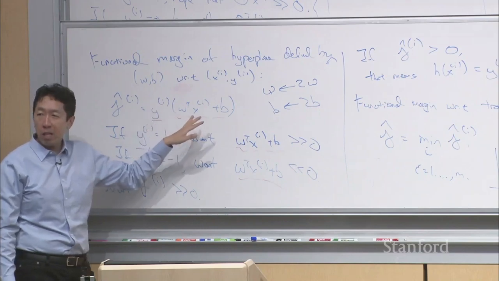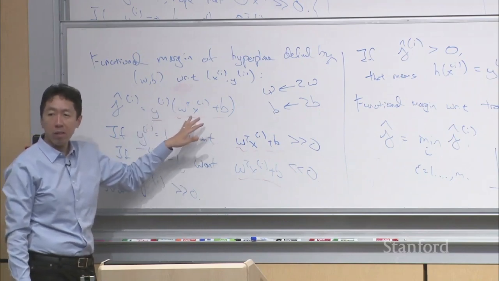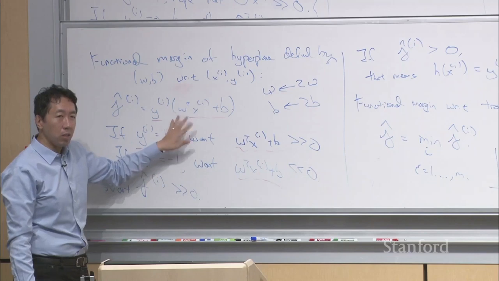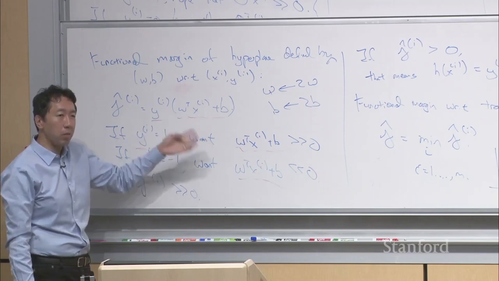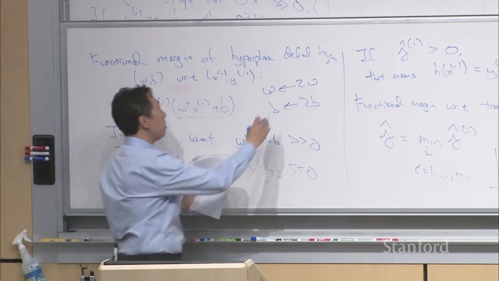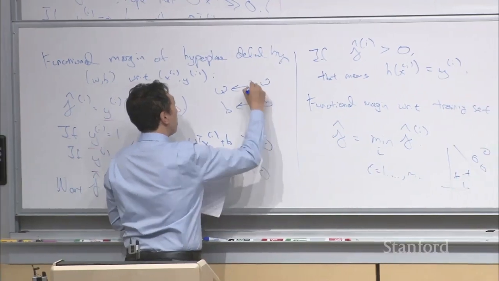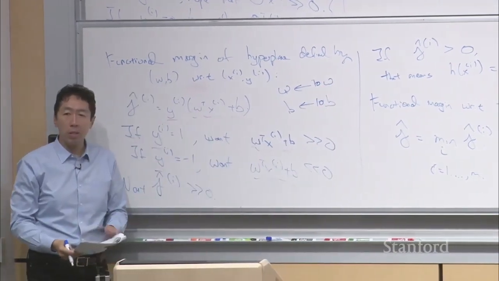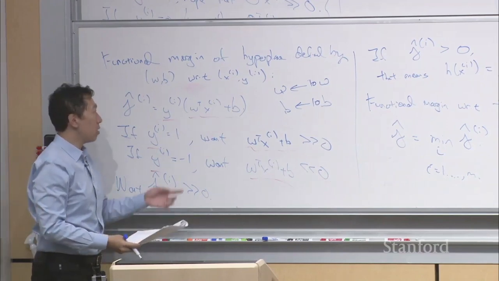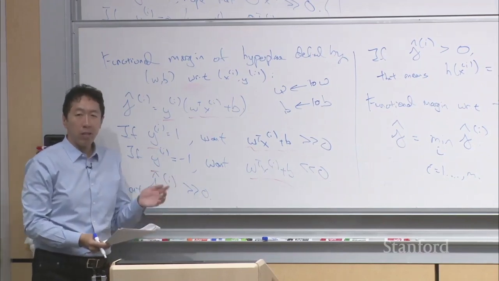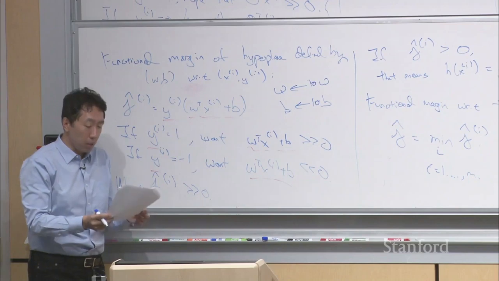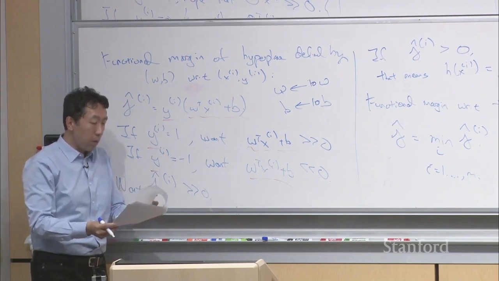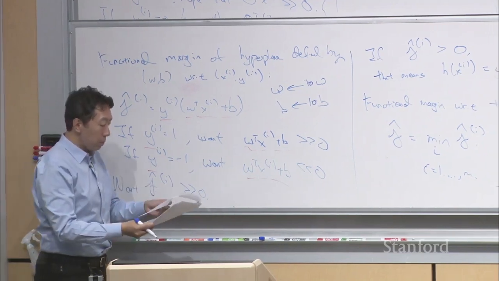But you haven't actually changed anything meaningful. You could multiply all your parameters by 10, and then you've increased the functional margin of your training example 10x. But this doesn't change the decision boundary. It doesn't change any classification, just multiplying all of your parameters by a factor of 10.